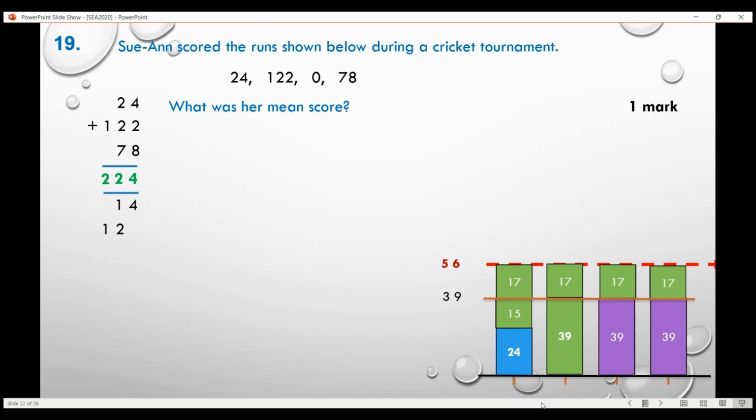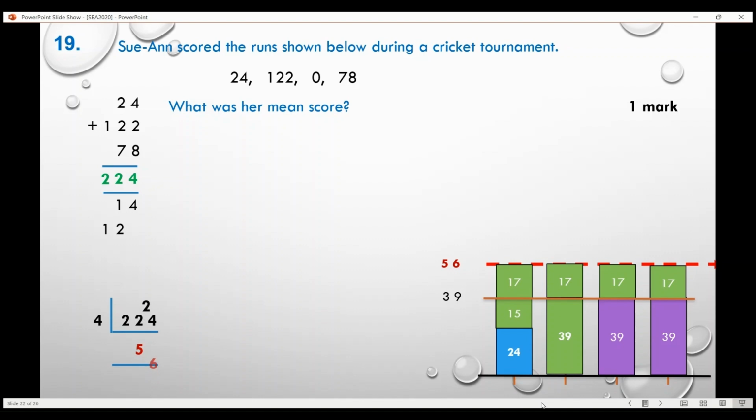And if we wanted to share it up evenly, then we can do a simple division. 224 divided by 4. So different ways of doing it. 4 into 2 cannot. That's how the teachers normally teach it. It's 4 into 22. And 5 fours are 20. So there's a remainder of 2.